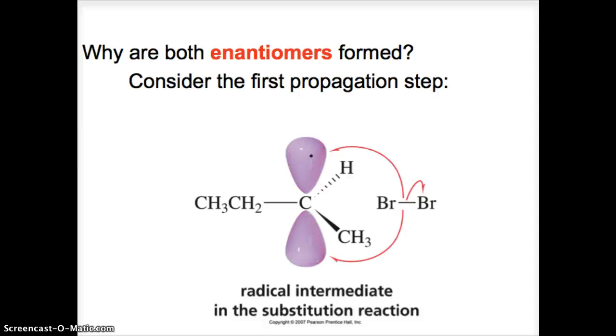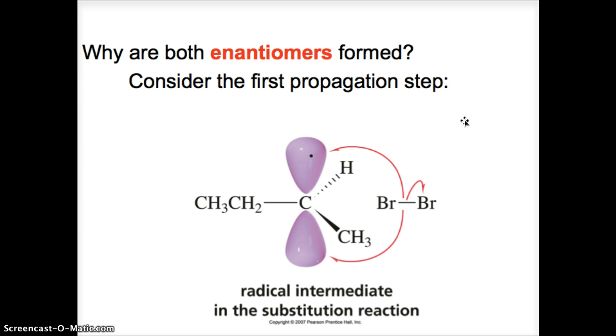So in the case of radical substitution with an alkane, why are both enantiomers formed? As you can see on this slide, in the first propagation step, the bromine radical removes a hydrogen atom from the alkane, creating a radical intermediate.